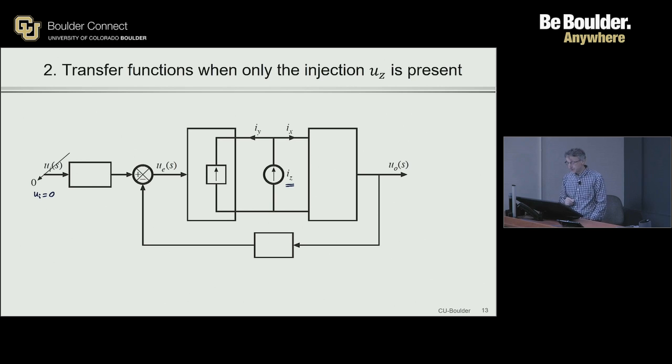For this setup right here, we can say that IY over IX under the condition that UI is equal to 0 is equal to what? What is that?